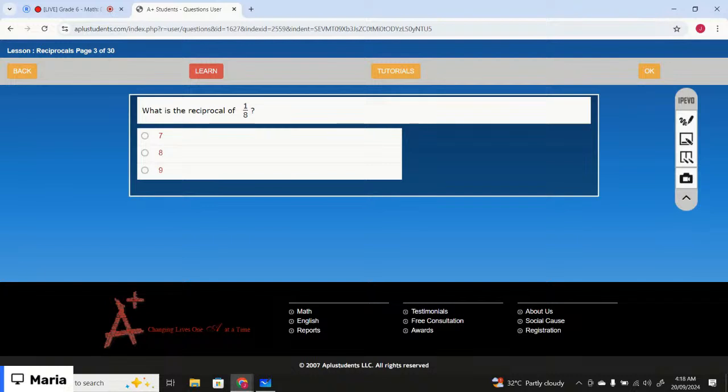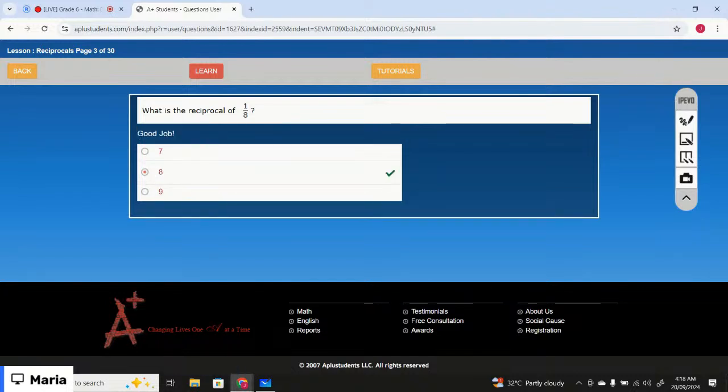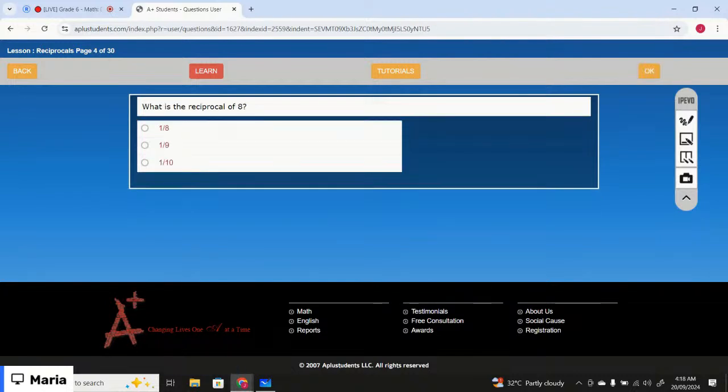Option number 2 is the correct option. Very good. What is the reciprocal of 8? Which is the correct option?